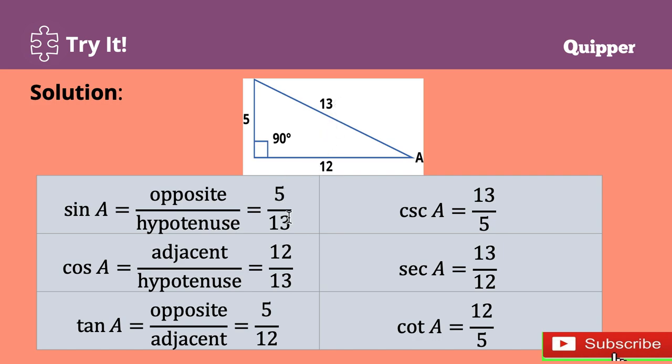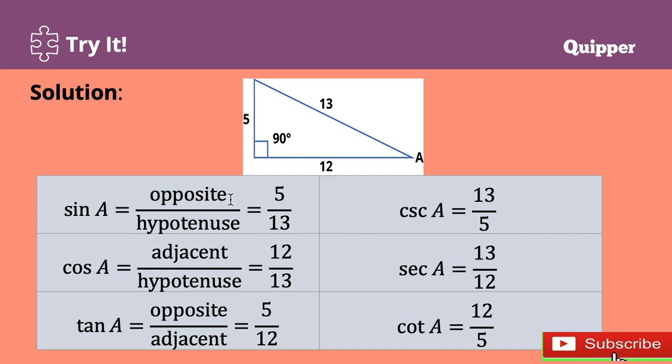For cosine A, that is adjacent over hypotenuse. Our adjacent is 12, and the hypotenuse is 13, so we have 12 over 13. For tangent A, the opposite side is 5 and the adjacent side is 12, so you have 5 over 12.